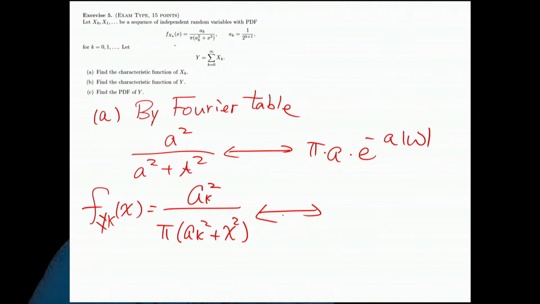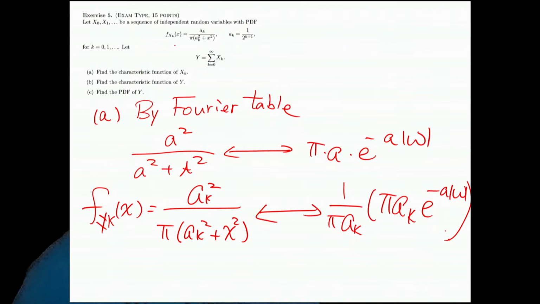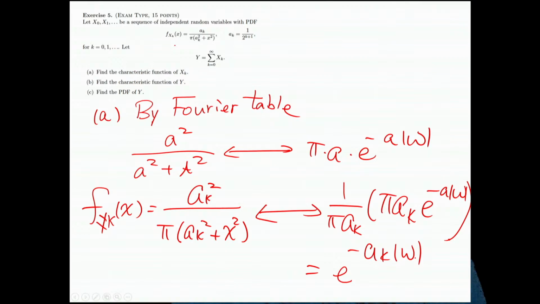This is 1 over pi ak times the pi ak e to the minus a omega, absolute of omega, which is e to the minus ak absolute of omega.